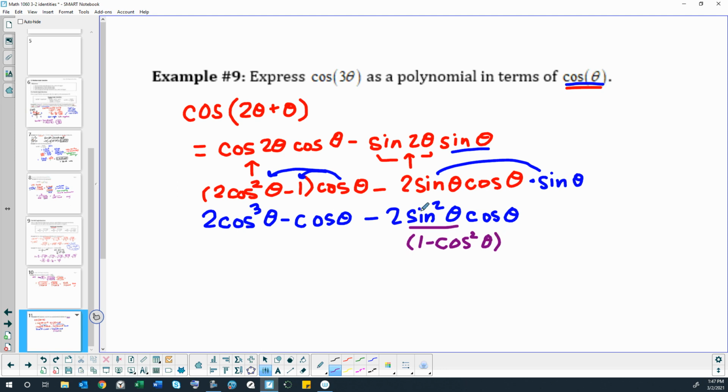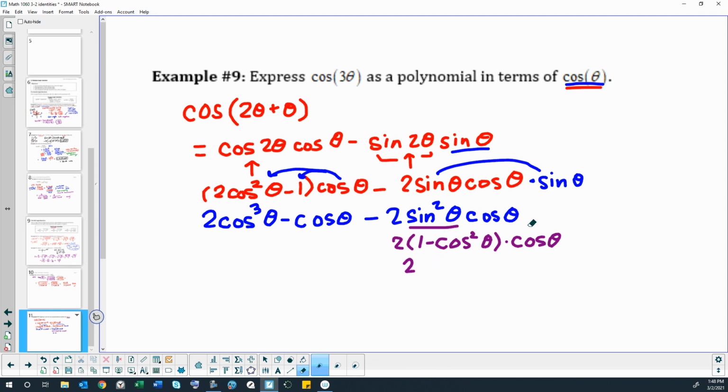So let's go ahead and simplify this now, so that we have 2 times 1 minus cosine squared times cosine theta. So that gives us 2 minus 2 distributing, oops, I need to distribute both the 2 and the cosine theta. This is a little complicated.